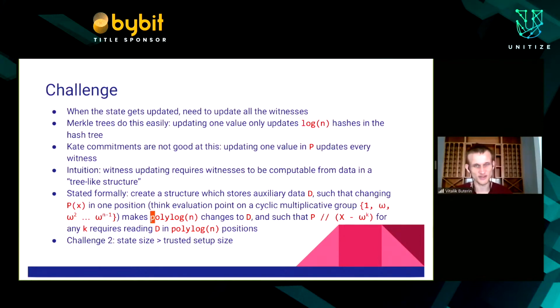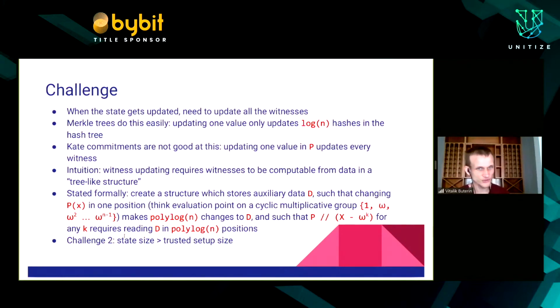I mean, we could potentially sacrifice a bit and say polylog n changes to the data in generating a witness. And so reading this kind of value also requires reading the data in a logarithmic or possibly polylog number of positions. So this is a challenge we still haven't figured out, an open problem.